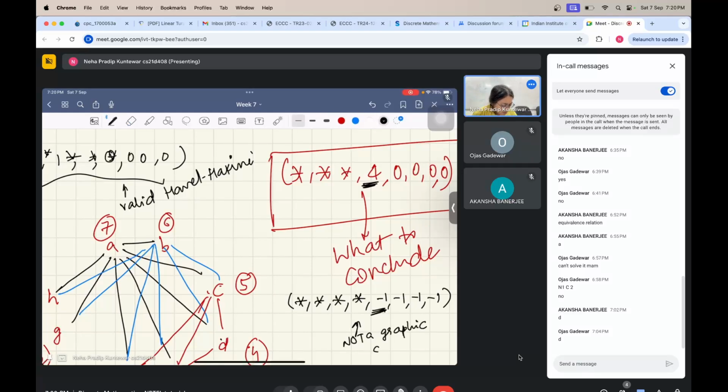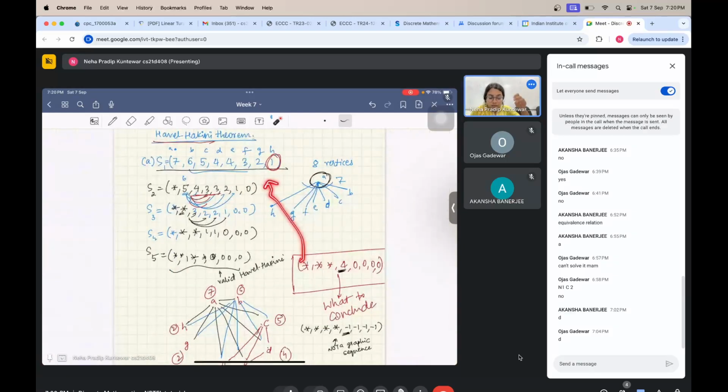And therefore, by your Havel-Hakimi theorem, if this is not a graphic sequence, then this is not a graphic sequence, and hence you can go all the way up to where you started, and this induces the same result, and you can conclude that it's not a graphic sequence.